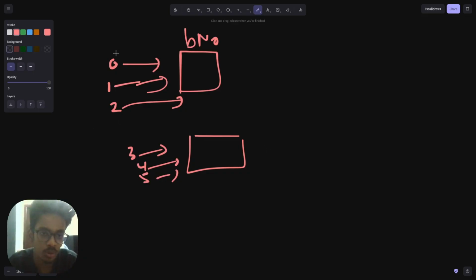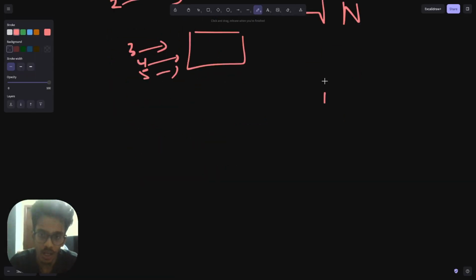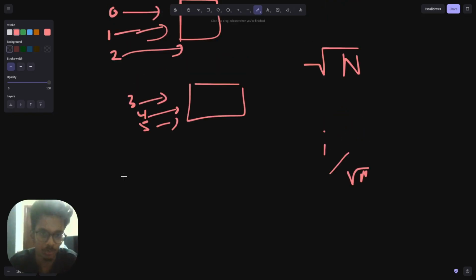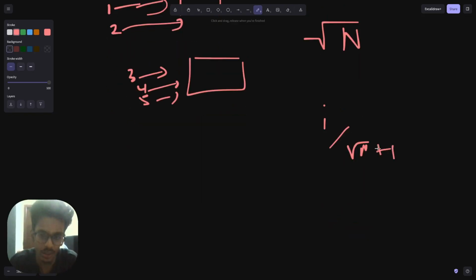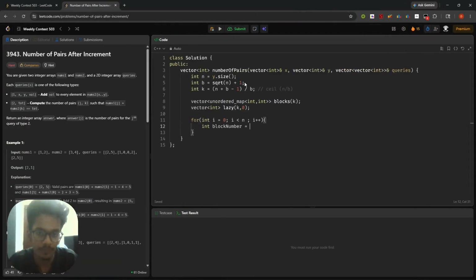So 0, 1, 2 would belong to a single block. 3, 4, 5 would belong to a single block. That means every 3 elements would belong to a single block. That means every root n elements would belong to a block. Can I say that block number is equal to I by root n? That would give me the block number, which is root n plus 1 actually, because here we are using root n plus 1.